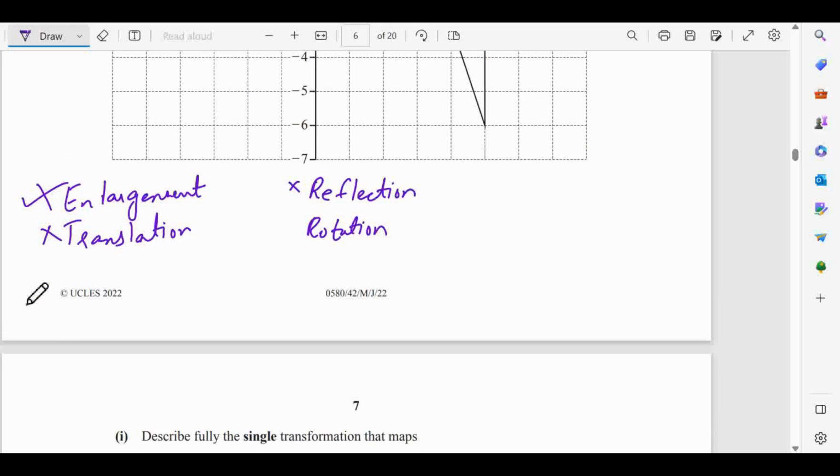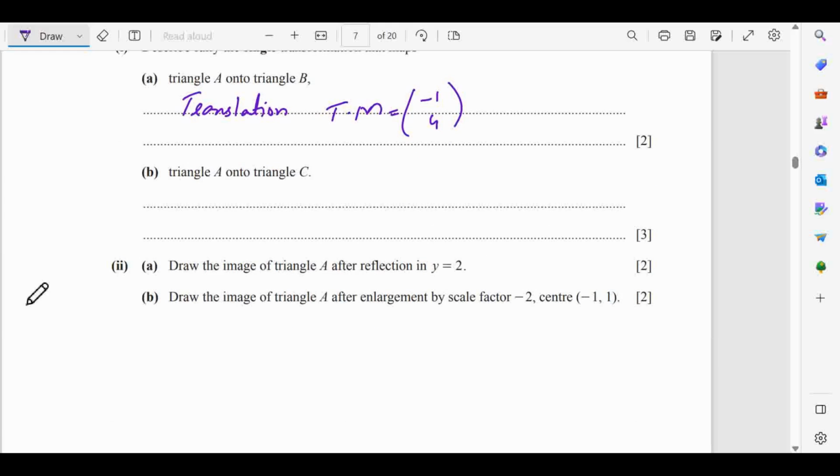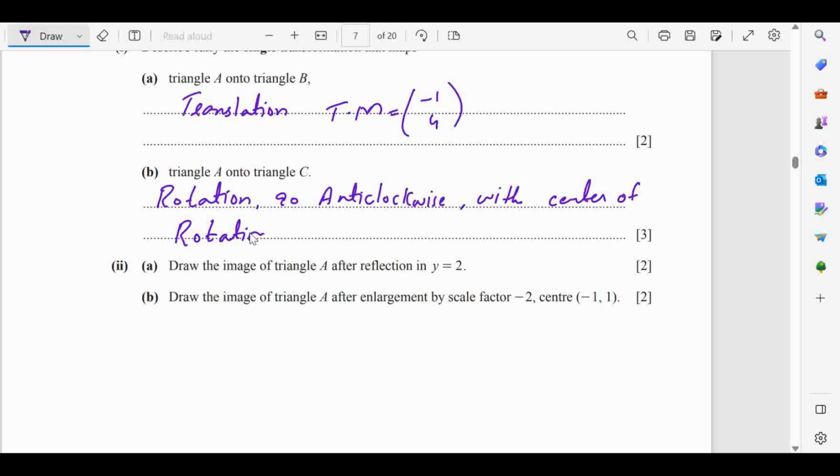So it is clear that it is rotation 90-degree anti-clockwise, and let's find out the center of rotation. So how can we find out the center of rotation?